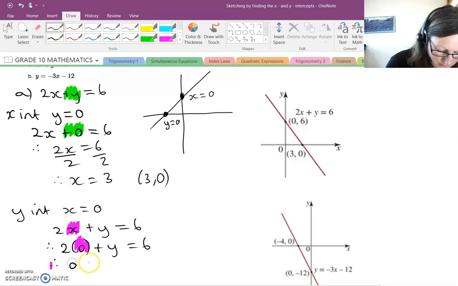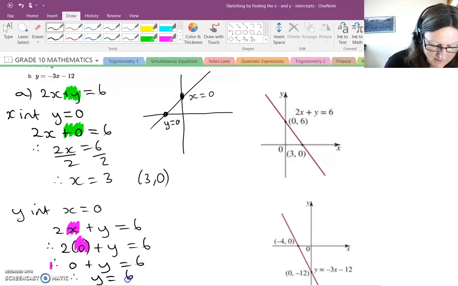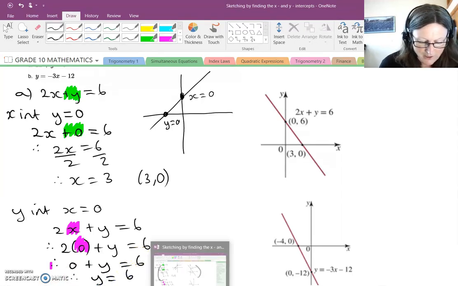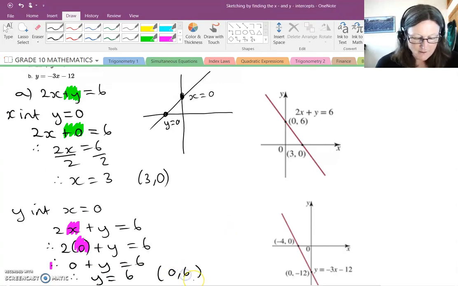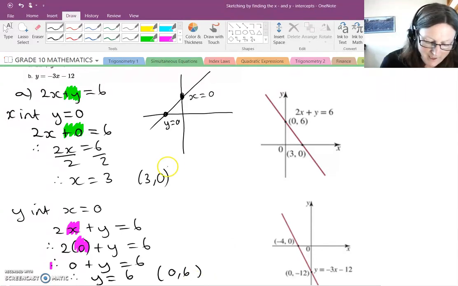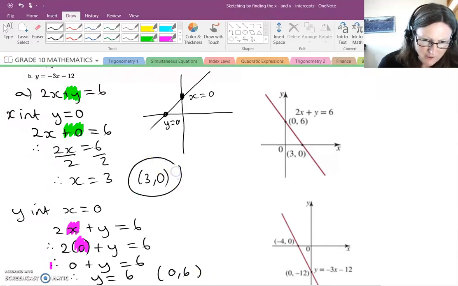So 0 plus y is equal to 6. So in other words, y is equal to 6. Remembering our coordinate points go x and then y. So x is 0 and y is 6. So we can plot the point 3, 0 and the point 0, 6.